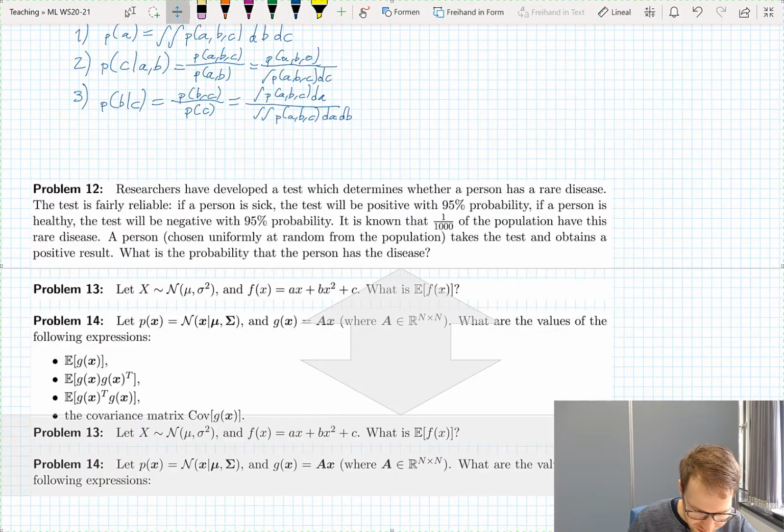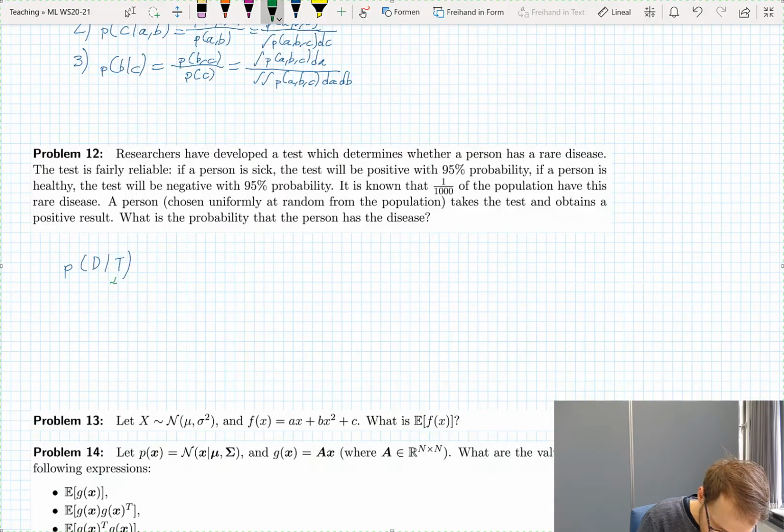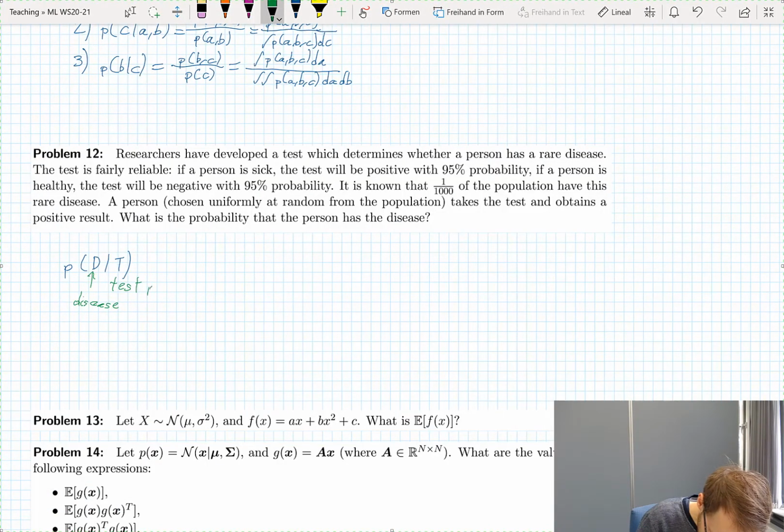This is like a standard question for the Bayes theorem, right? So you probably have seen this in your probability theory class. Okay, so let's denote disease by D and the test by T. So we want the probability of having the disease given the test, so T is the test positive, and D is has disease.